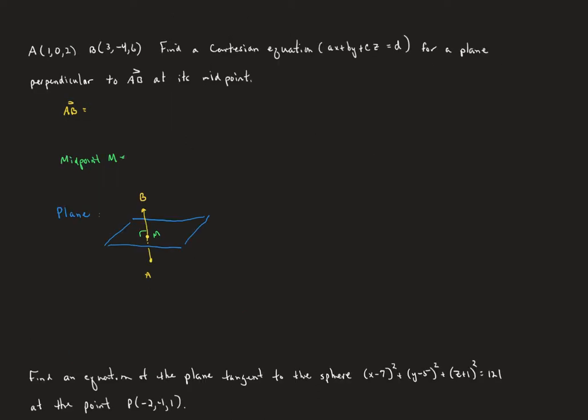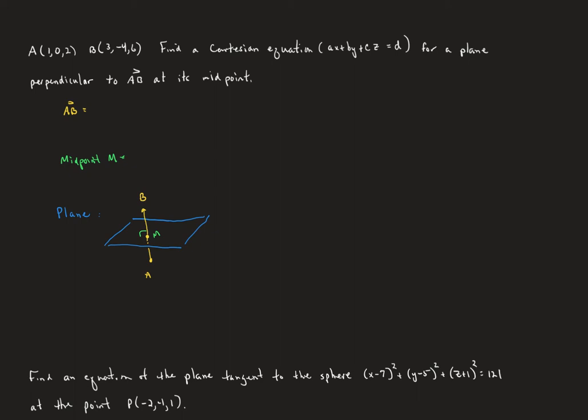So our first example is we're going to be given 2 points and try to find a Cartesian equation, that's something in the form ax plus by plus cz equals d, for a plane perpendicular to the vector AB at its midpoint. In our diagram down below, you can see our vector AB with its midpoint drawn on there, and we've drawn that blue plane that's supposed to be perpendicular to that vector.